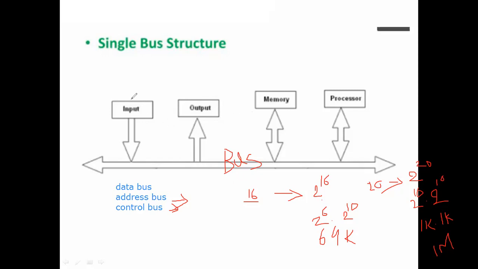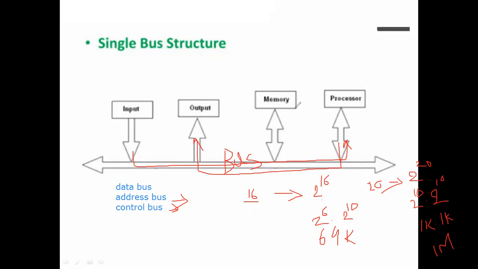Suppose we want to transfer the data from the input to the processor. After doing the operation in the processor, the data will be transferred from the processor to the output device.